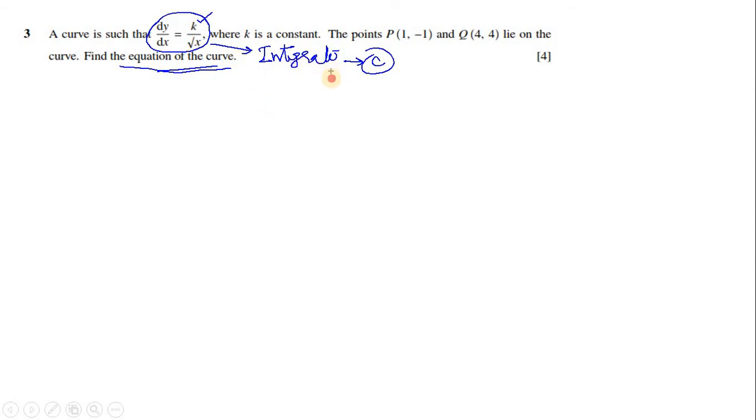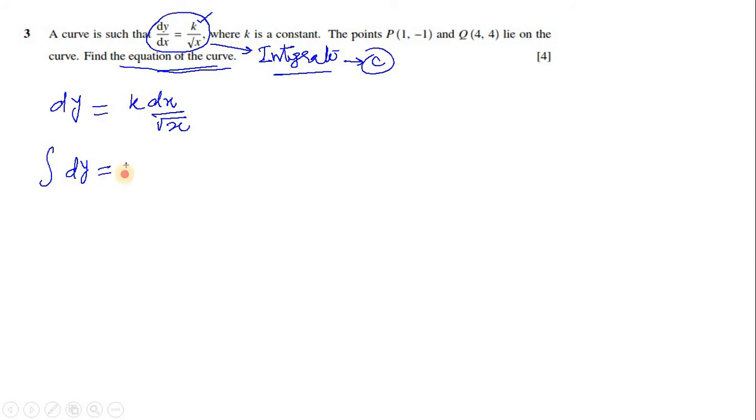So first let's integrate this derivative. In order to integrate this, we need to separate the variables, one variable on one side of the equal sign and the other variable on the other side. So you rearrange this equation as dy is equal to k dx by root x. Of course you need to integrate it; the integration sign is just an intermediate step for your understanding.